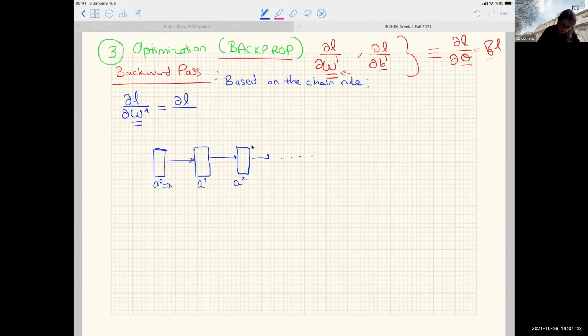We go all the way to Ai. These are vectors, activation functions. And we have an AK, if it's a K layer network, K layers, FCN or ANN, and I have a loss function. So this forward pass we calculate these.